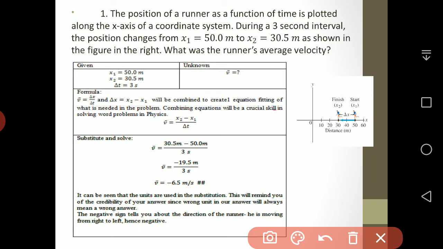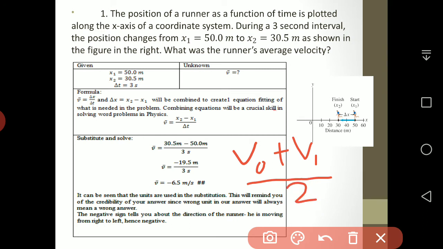Siguro naisip ninyo, sir, average velocity yan, so dapat ang formula ay initial velocity v sub 0 plus final velocity divided by 2.